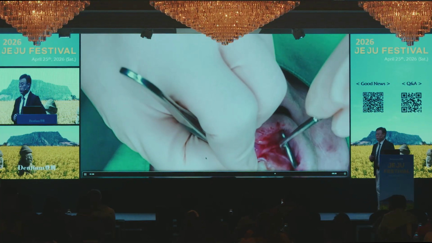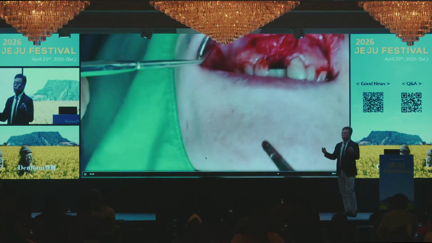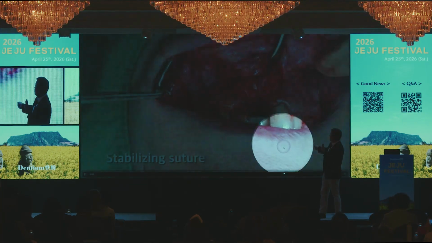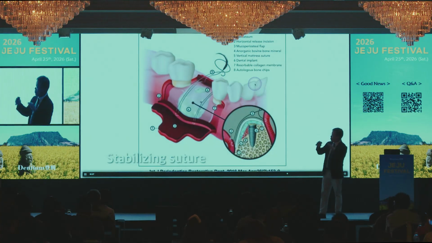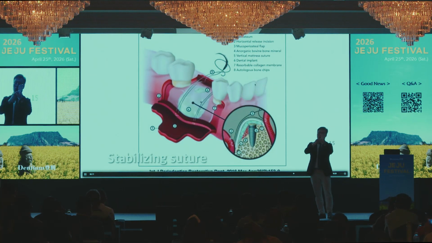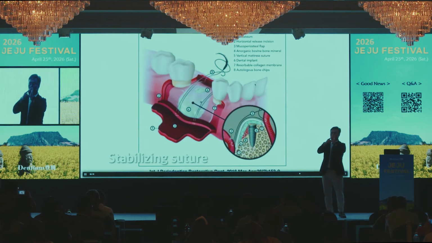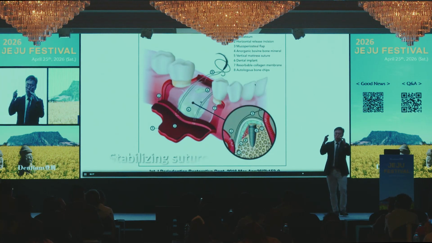So for the ridge augmentation procedure, we have to consider this. We stabilize the membrane with the suture and also maintain the space with the tent pole. We have to consider space maintaining, membrane stabilization, and also for the primary closure, flap advancement. This is the augmentation procedure.